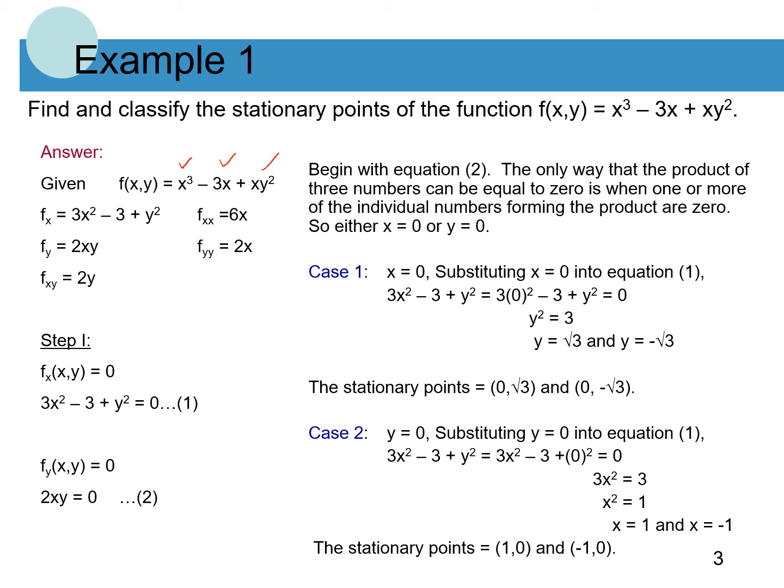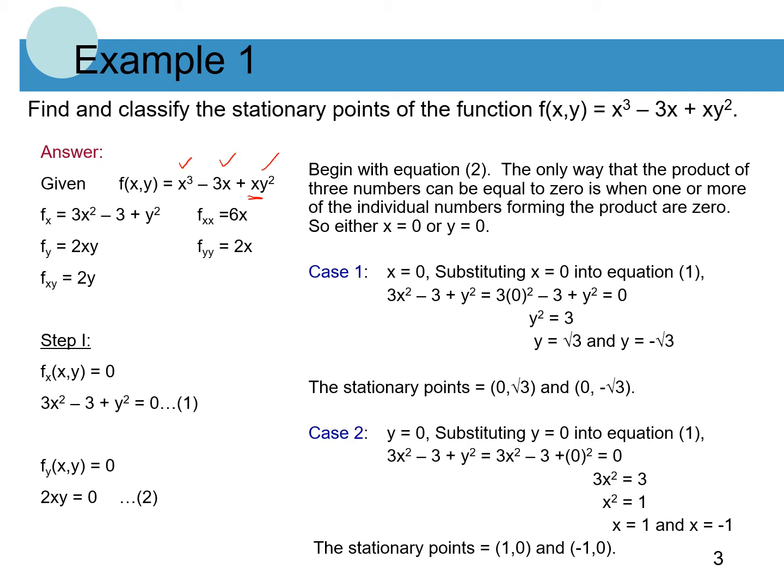Therefore, fx is equal to 3x squared minus 3 plus y squared. Then for the first derivative with respect to y, we derive only this term, while the other terms are 0 because they are constants. Therefore, fy is equal to 2xy.